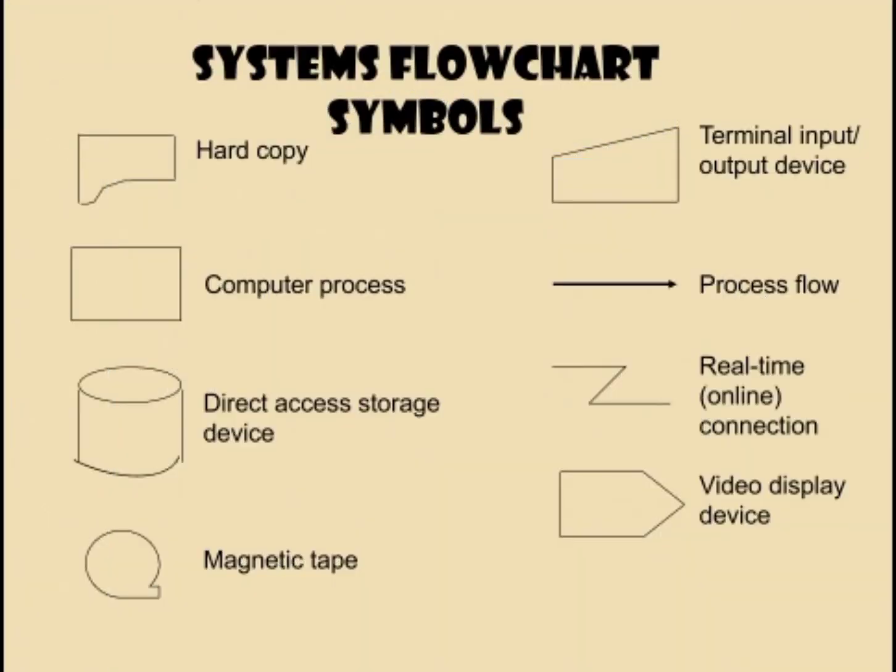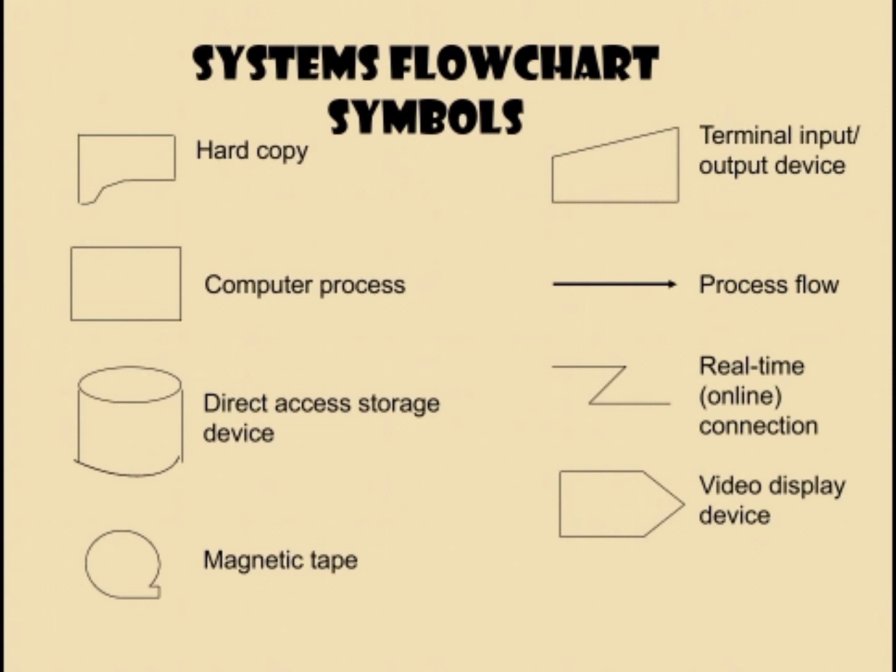paper reports. Dito naman po makikita natin yung mga symbol na ginagamit sa system flowchart. So yung unang figure is, ang tawag po dun ay hard copy, which is dun po yung documents and output. Yung rectangle shape naman po is the computer process. Dun naman po nag-run yung program.